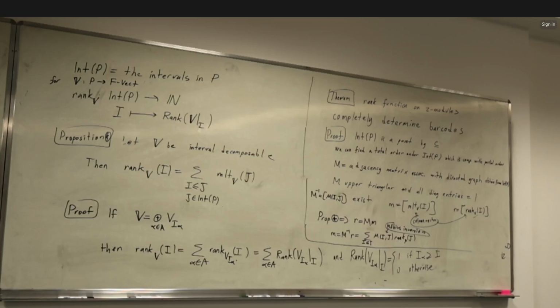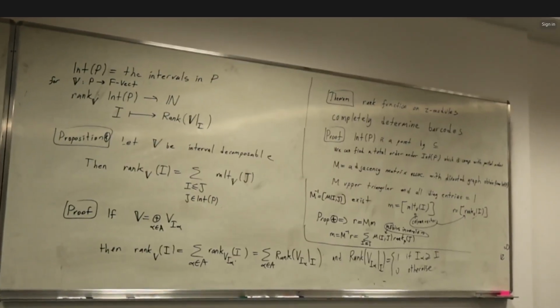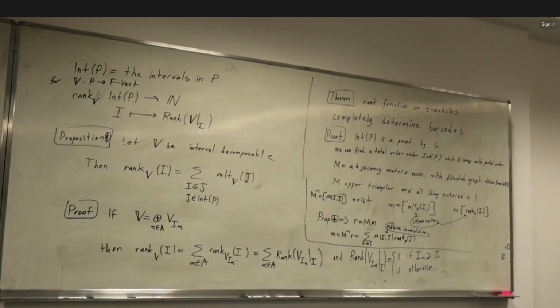So the interval posets A2, A3, and A1, A3. So this will be the total order I put on the interval poset, because this agrees with the partial order, because this is a subcategory of this one, this is a subcategory of this one.